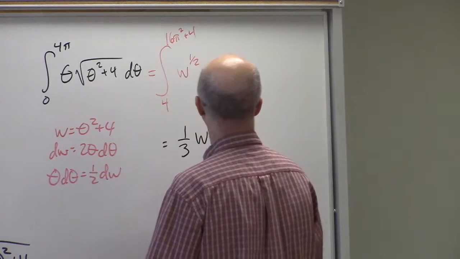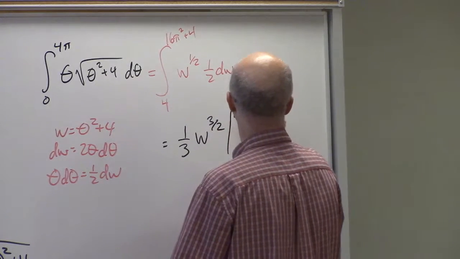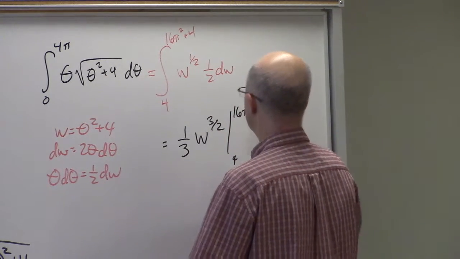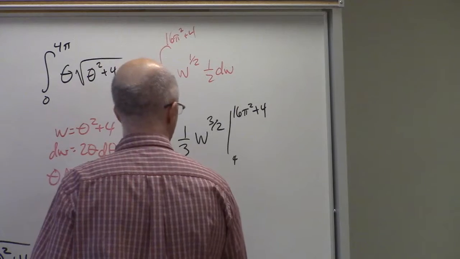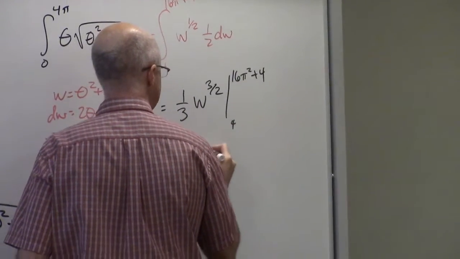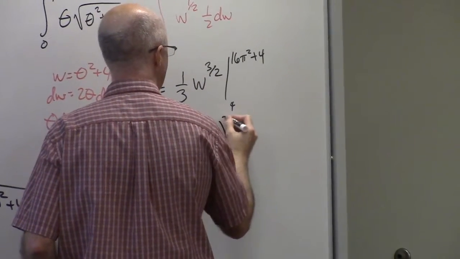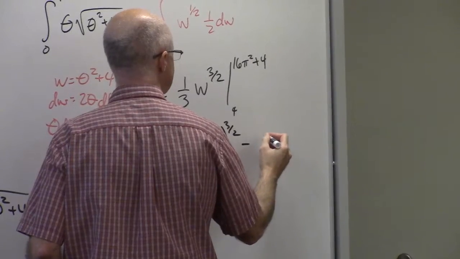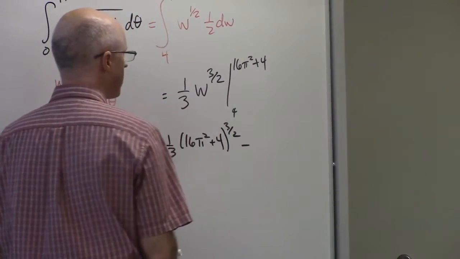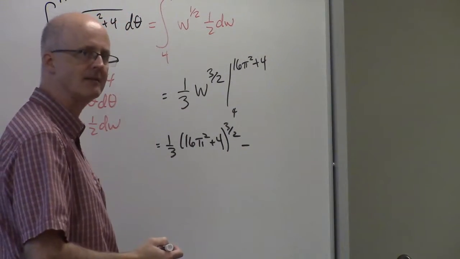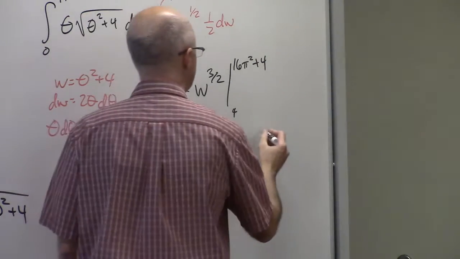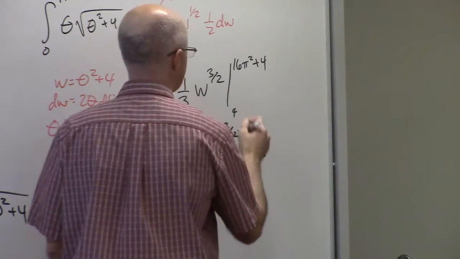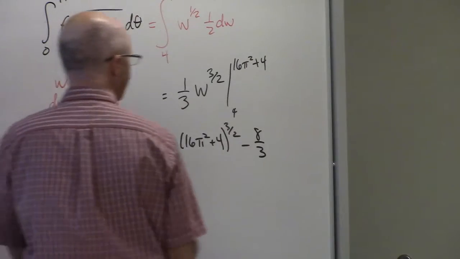Don't go back to theta here. Keep it in terms of w. 1/3 times 16 pi squared plus 4 to the 3/2 minus 1/3 times 4 to the 3/2. 4 to the 3/2 is 8. So it looks like minus 8/3.